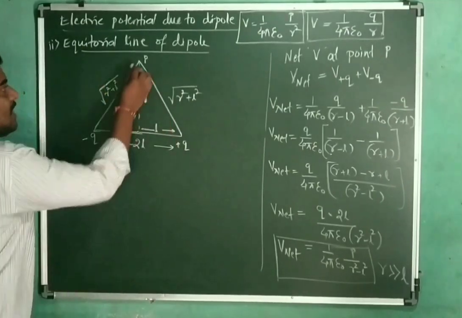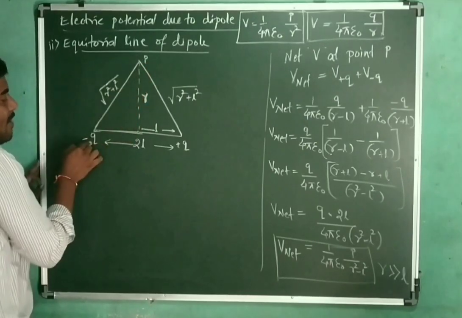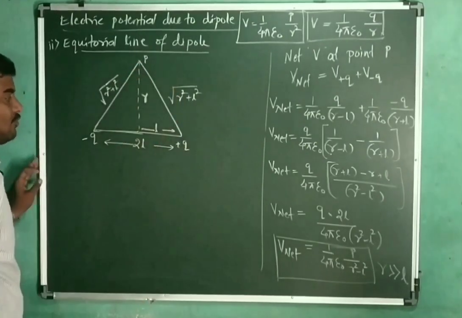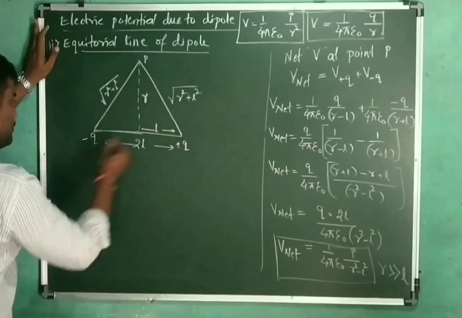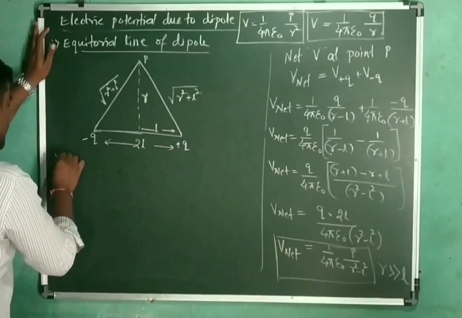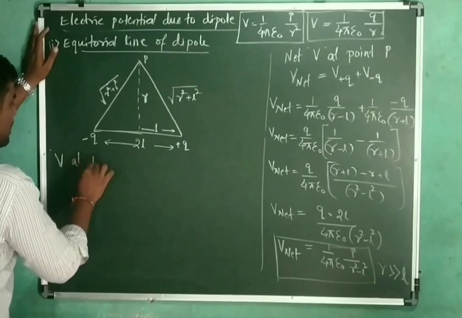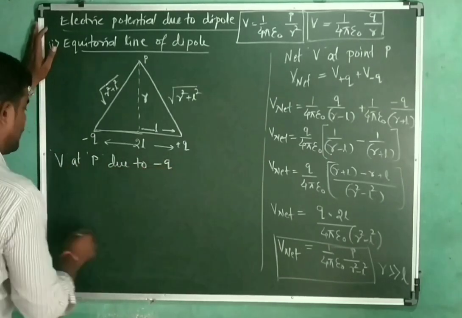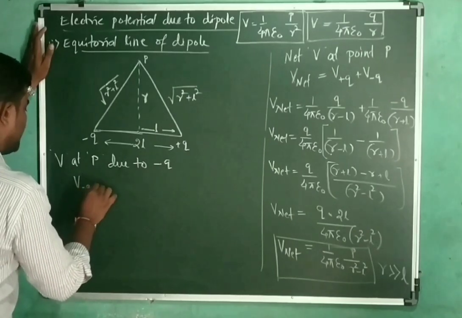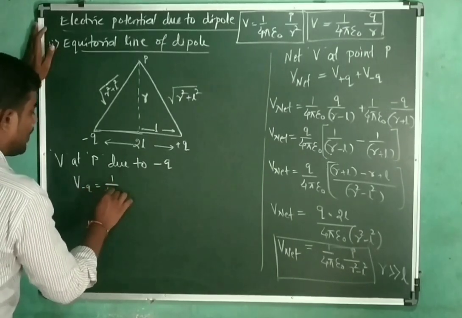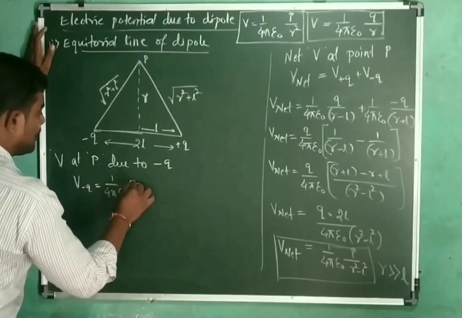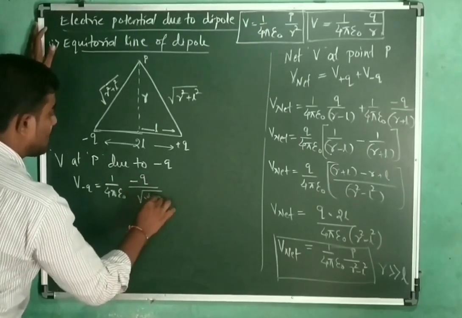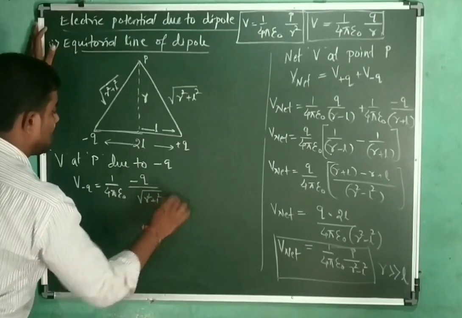At point P, due to minus q the potential, and at point P due to plus q the potential, we are supposed to calculate. Let us begin our derivation. Electric potential at P due to minus q, that is V due to minus q is equal to 1 divided by 4 pi epsilon naught minus q divided by under root r square plus l square.